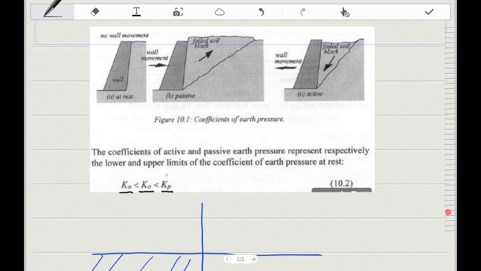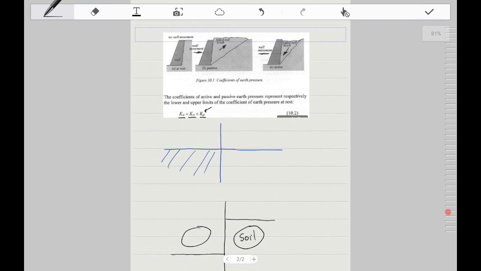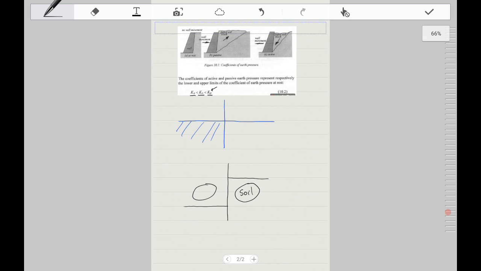And you'll notice that mathematically Kp is the largest for the reasons that I just mentioned, that you require a lot of force to end up moving the wall in that direction because the soil is so heavy. Okay, so that's a bit of theory. Let's jump straight into a question.